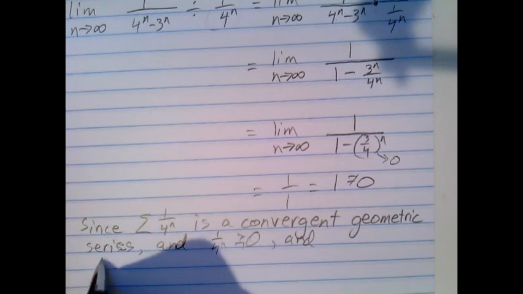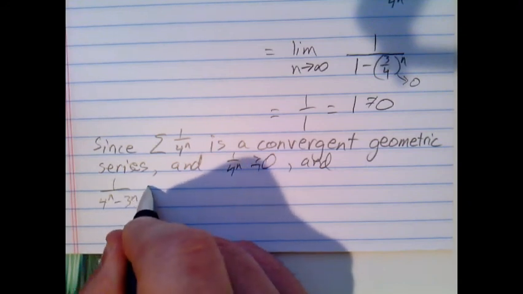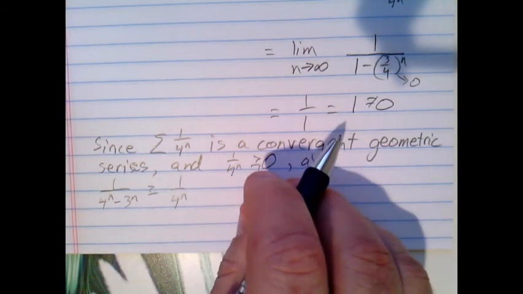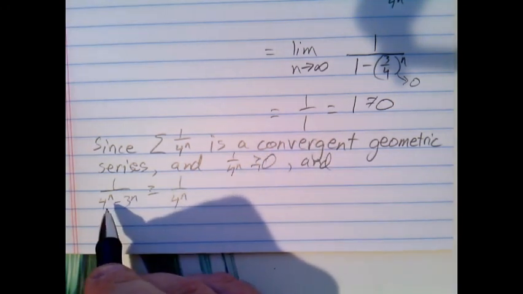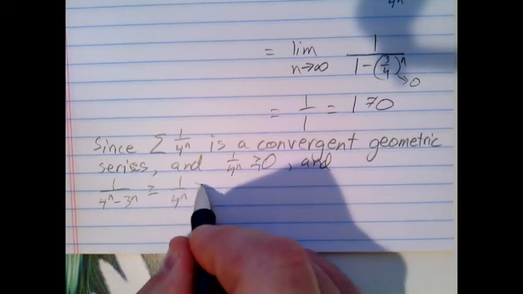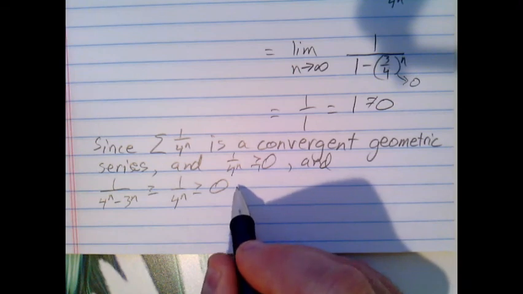So, 1 over 4 to the n minus 3 to the n. Remember, we showed that's greater than 1 over 4 to the n. Take off that minus 3 to the n. That makes the denominator bigger, which makes the fraction smaller. Aha! But we already said that's greater than 0 just by inspection.